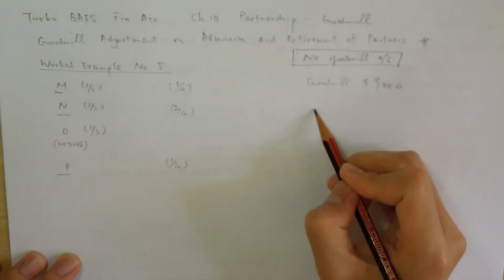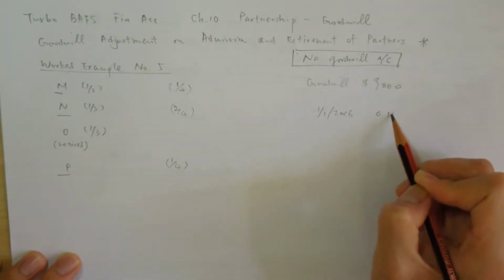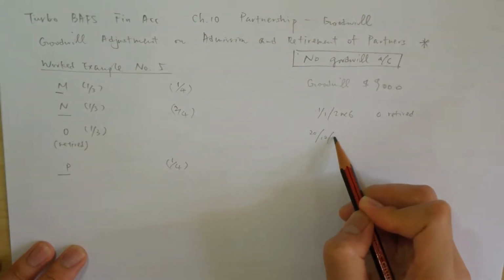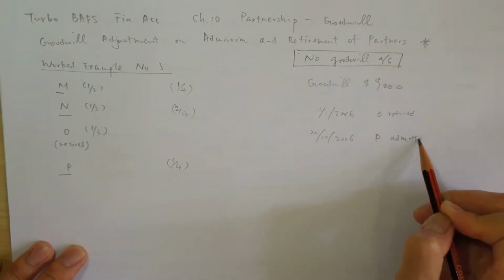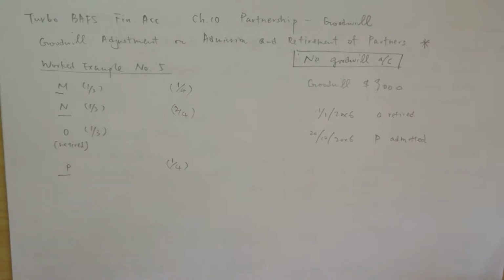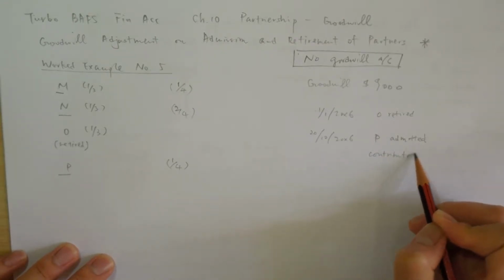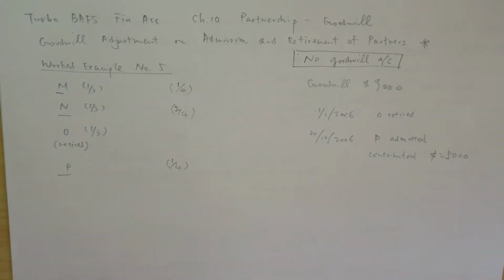Remind one more time, O retired on 1st of January, and P was admitted. Let's see the contribution of P. How much does P contribute? Look here, P contributes 25,000.